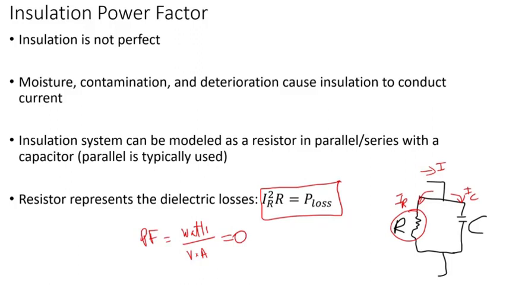So it's going to be some value other than 0, but we want it to be as small as possible, because then we know there are no problems with insulation. In this series of videos, I'll talk about power factor, like the different tests that can be performed when you have high voltage, low voltage, tertiary winding, and there are different setups.